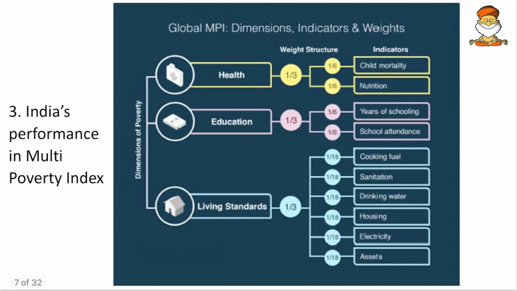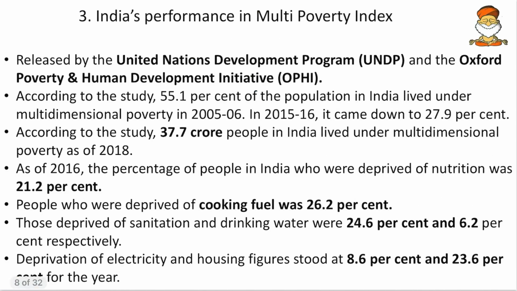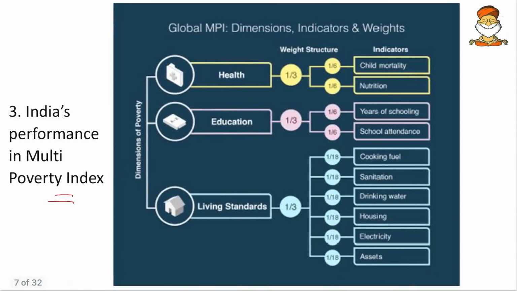Then come to the next, India's performance in the multidimensional poverty index. Friends, earlier the World Bank used to release the multidimensional poverty index. Now organizations like the UNDP and the Oxford Poverty and Human Development Initiative release this index. Here we have various attributes like health, education and living standards.